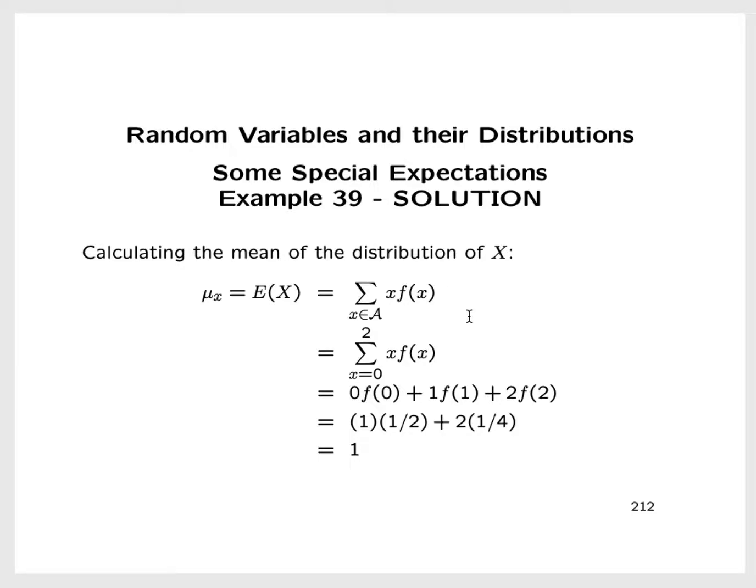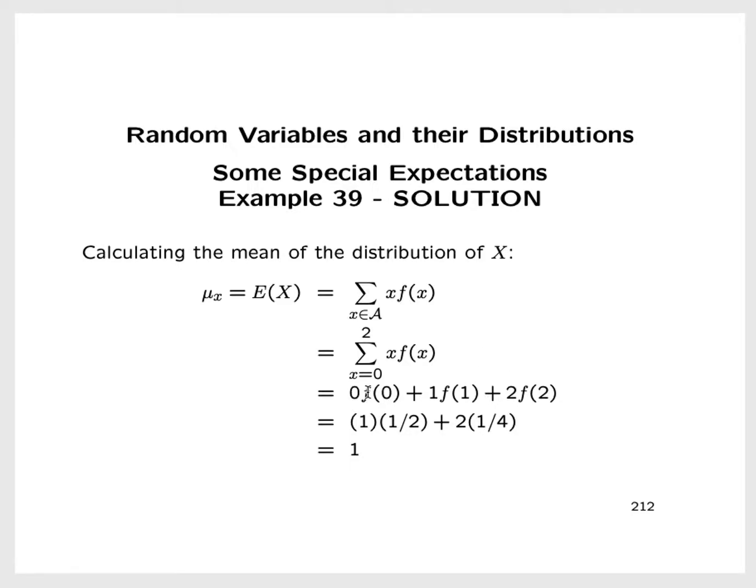particular values. Now the values of x in the sample space are 0, 1, and 2, and so this is the sum, x going from 0 up to 2, of x times f of x. And so we have 0 times f at 0, plus 1 times f at 1, plus 2 times f at 2.